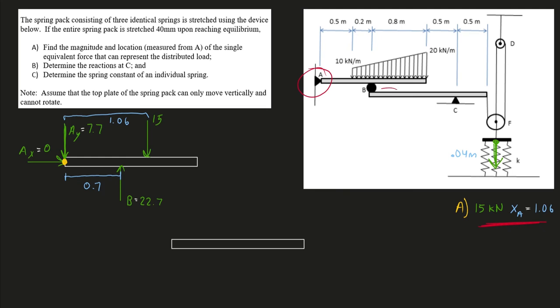So now we'll analyze this member right here. We're going to have a force from that roller going down. We're going to have a force from pin joint C. And I know that this pin joint is able to put a force up and horizontally, but this force is a roller.